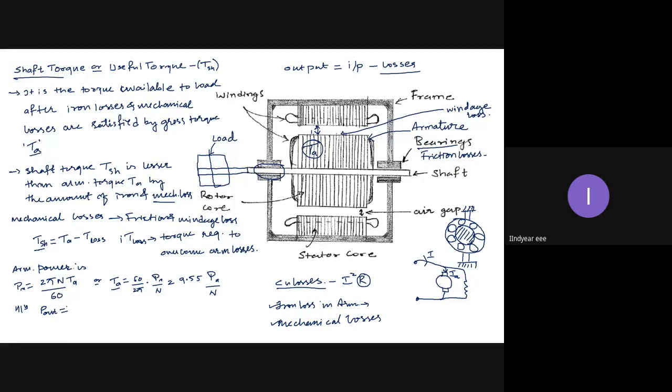Remember one thing, any machine is mentioned with its output power, not input power. When I say 100 kVA transformer, that is output. When I say 10 megawatt generator, it is output. When I say 10 kilowatt motor, it is output. It is always output. Any device that is rated with power is always the output power.